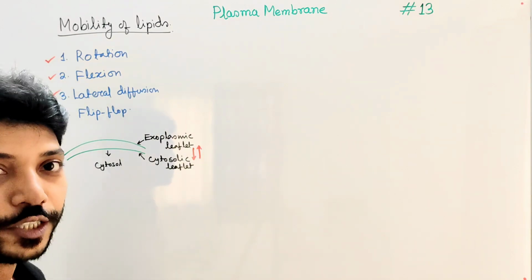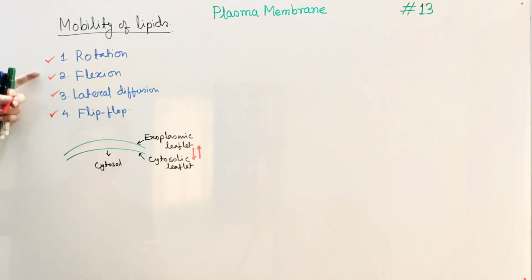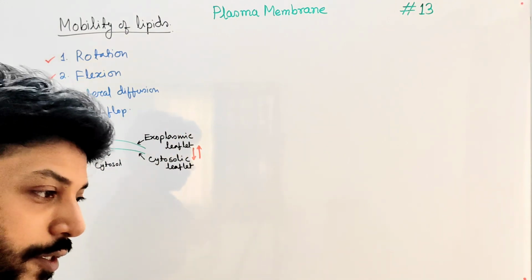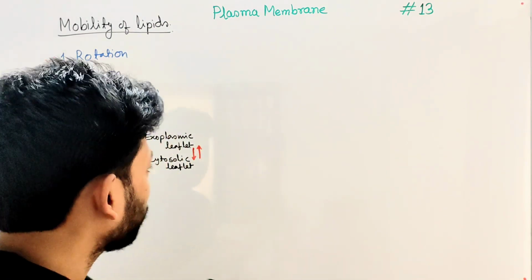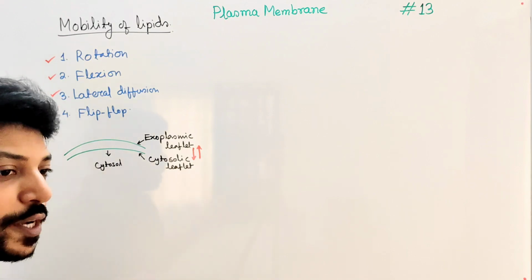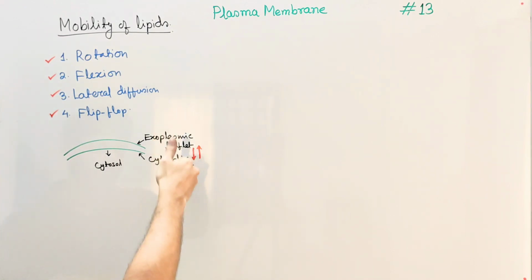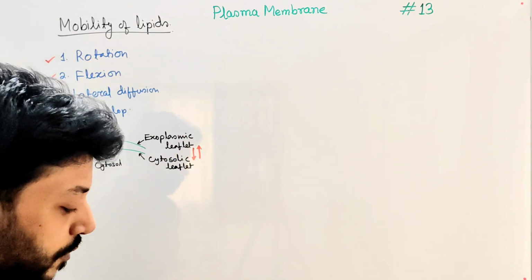So these three movements occur within a particular leaflet of the membrane, but flip-flop means migration of lipid molecules from one leaflet to the other.